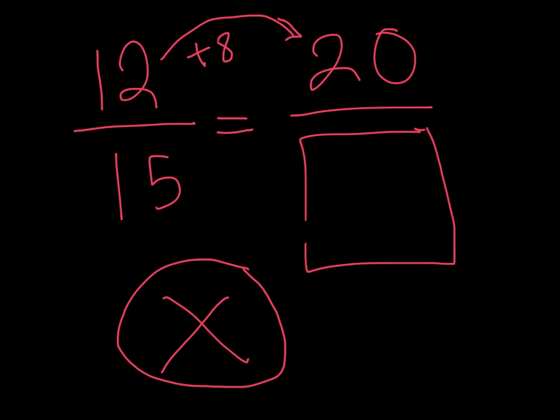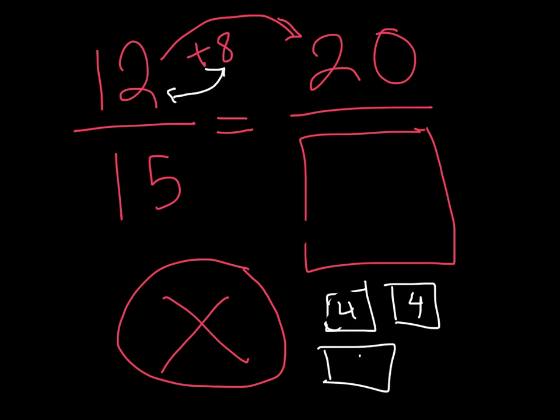So here's where I'm going to look at the relationship between 12 and 8. Well, in class today, a student said 8 is 2 groups of 4, and 12 is 3 groups of 4.